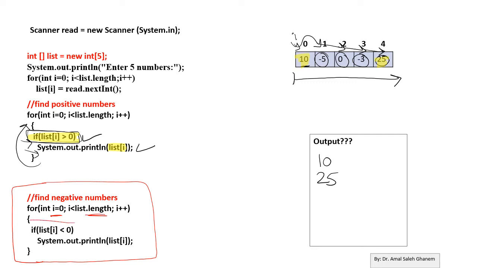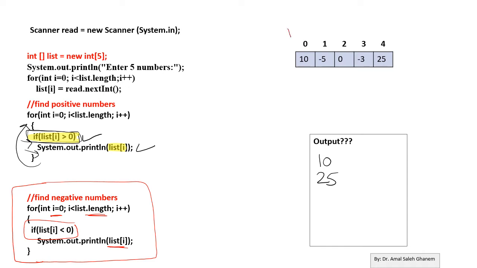If you find an element which is negative, less than 0, then you have to do the output of the element. So I will assume that I will have to start my array from the beginning, and we will do the same thing we did last time, but only this time we're going for negative.